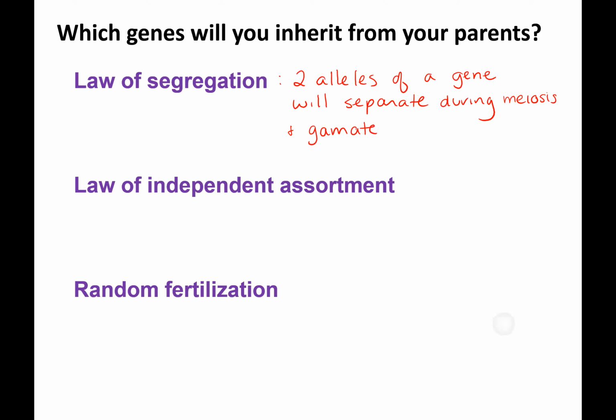Gametes receive one allele for each gene.